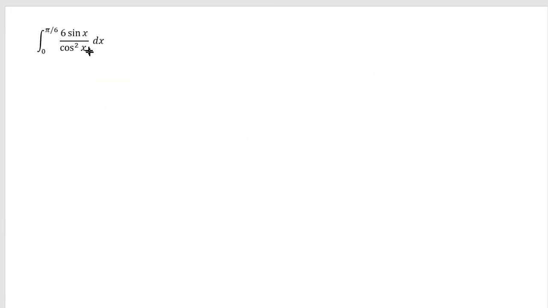Okay, this last question here, it's again u substitution, and you set u as, see, this thing looks like cosine x squared in the denominator and 6 times sine x, and you want to set u as cosine x because the derivative of cosine x is negative sine x, and you have a sine x there, right?